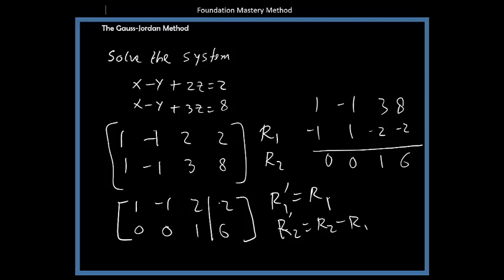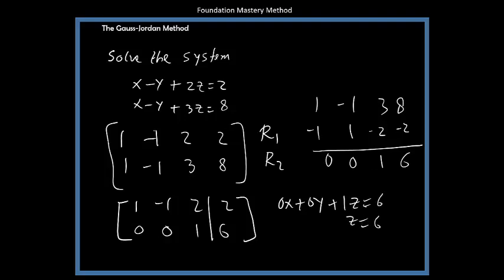So we have reached our final version because we have nothing to do after this. Now you can see from the last row that you have 0 times x plus 0 times y plus 1 times z is 6. That means z equals 6.